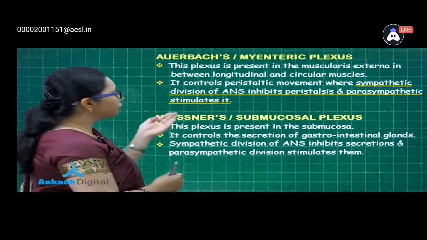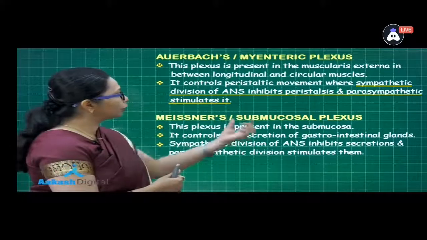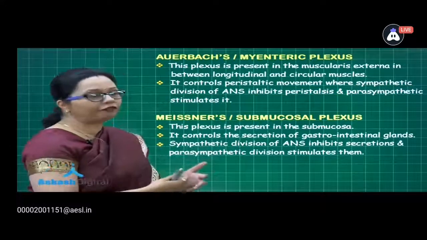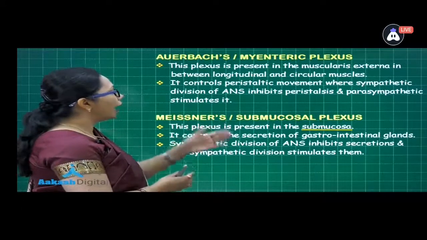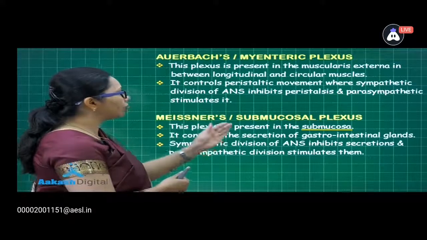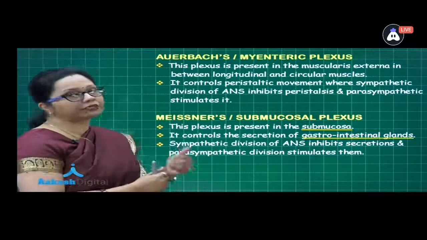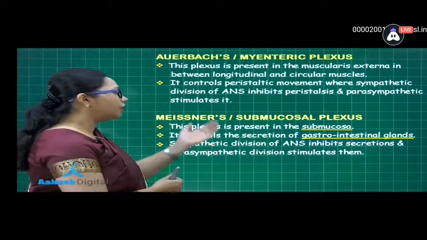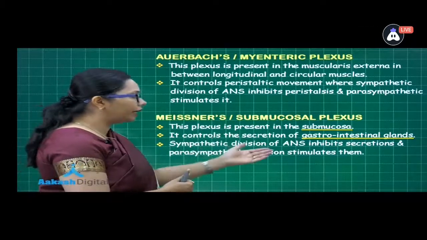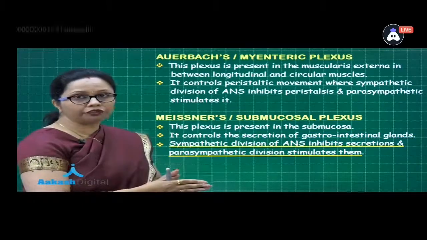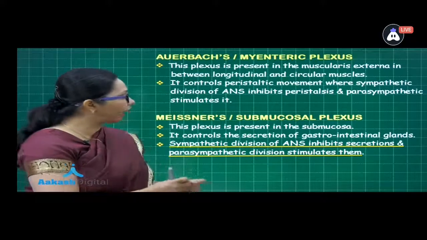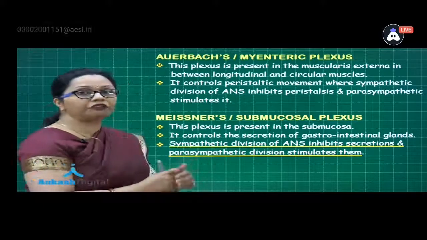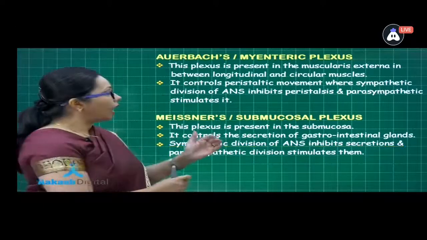The other plexus, Meissner's or the submucosal, the term itself gives the location, that it is located inside the submucosa, and it controls the secretion of gastrointestinal glands. Again, this is also connected with our ANS, where the sympathetic nervous system inhibits the secretions of the gastrointestinal glands while the parasympathetic division stimulates them.